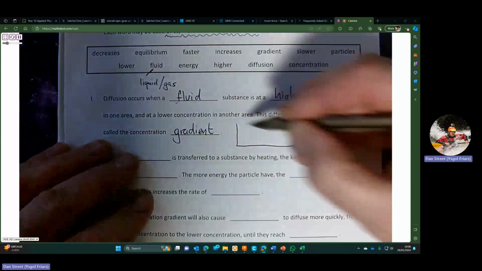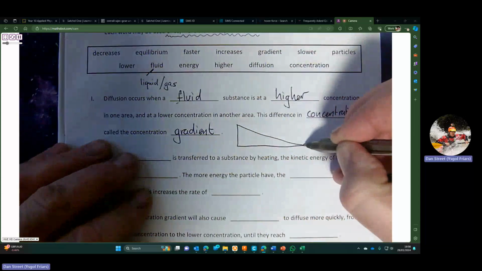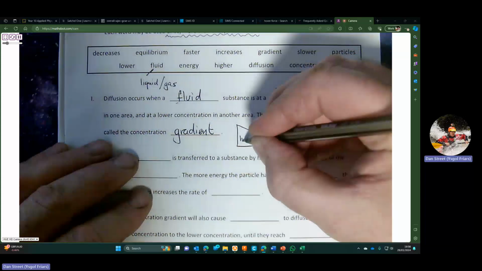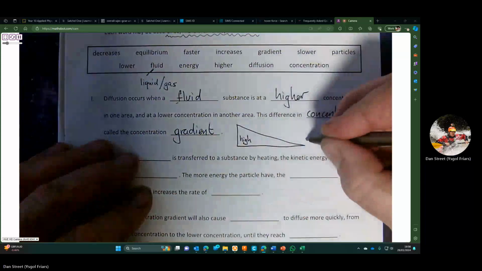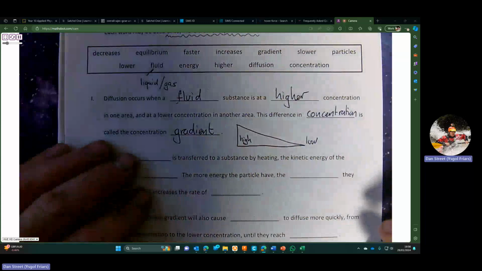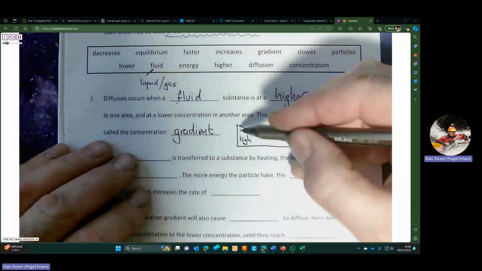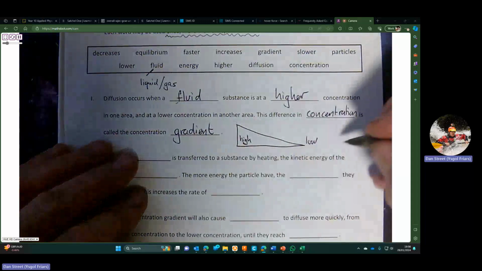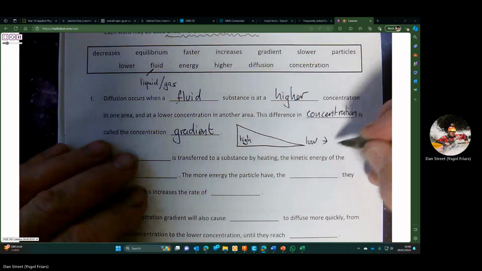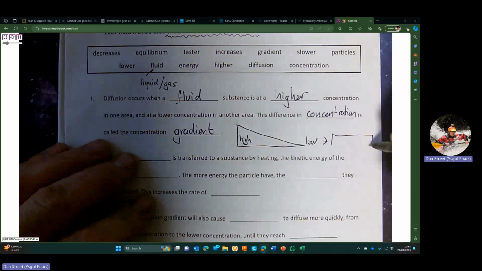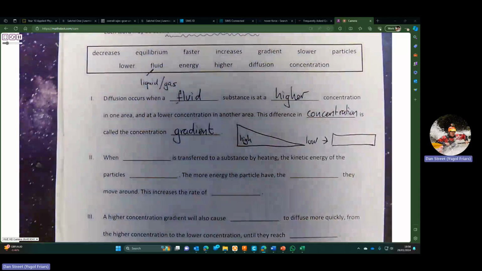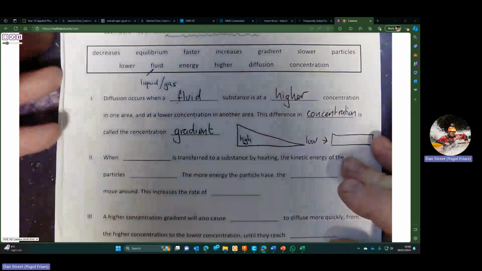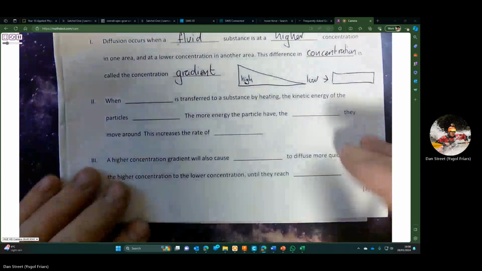If you think of a gradient of a hill, then at this end here we've got a high concentration, and at this end here we've got a low concentration. So the high concentration will spread into the low concentration, so eventually we'd end up with a situation where the concentration throughout the fluid was all the same. That's what diffusion does.